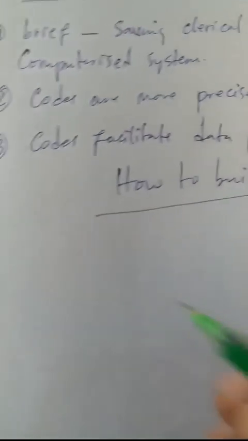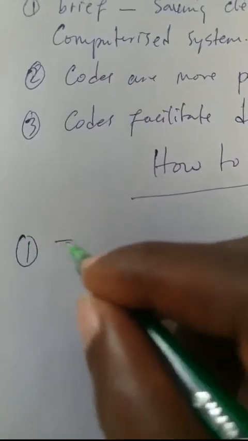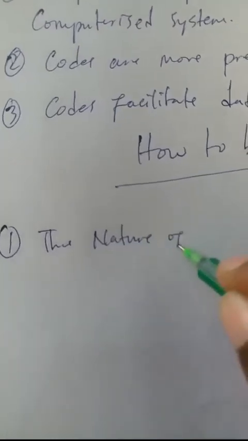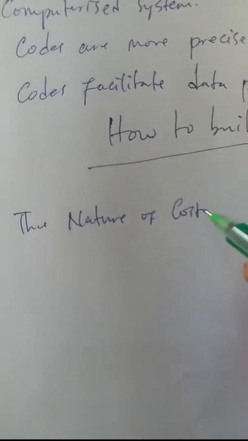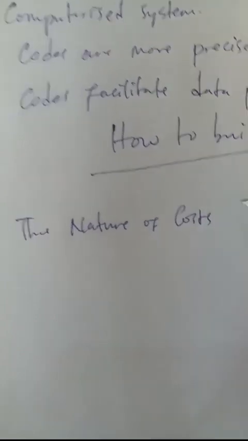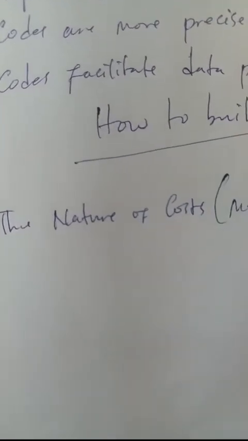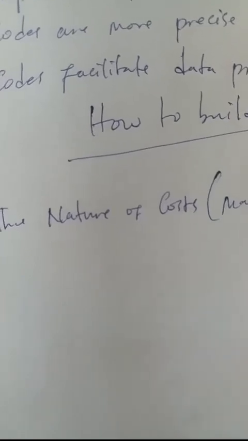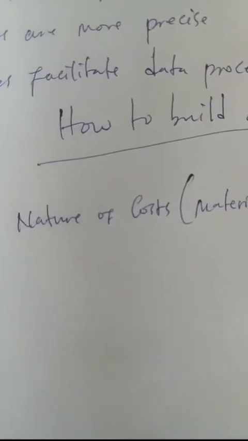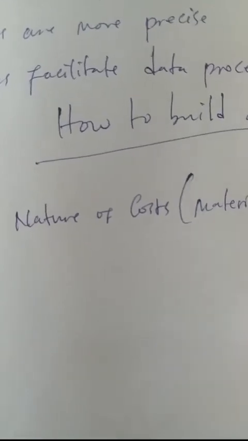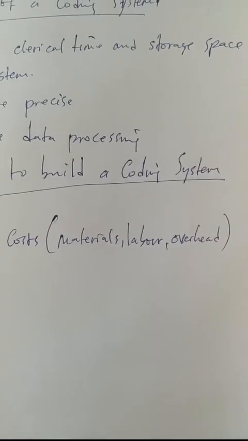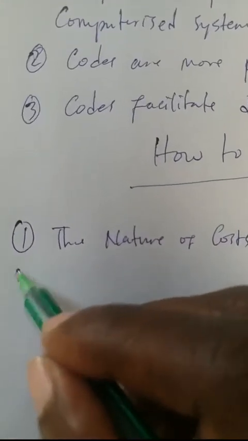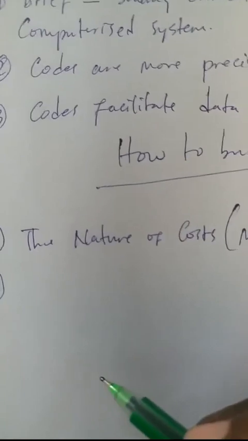Number one, the nature of costs, which happens to be the materials, labor, or overheads that we talked about. That's the first point. You need to consider what nature the costs are that you're trying to build a coding system for.